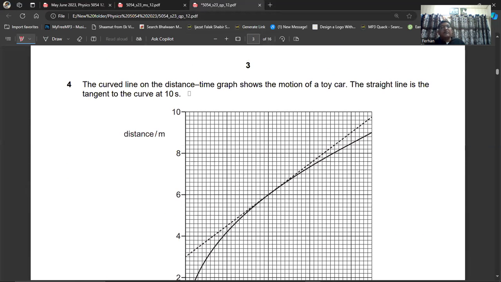The next question coming up on your screen is question number 4. It says the curved line on the distance time graph shows the motion of a toy car. The straight line is the tangent to the curve at 10 seconds.